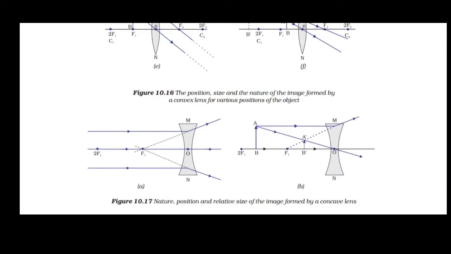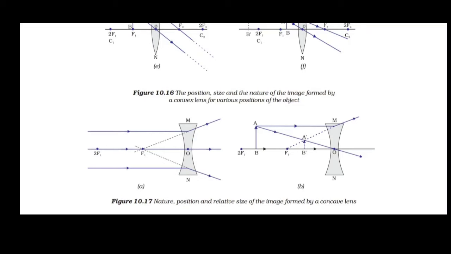In the second condition, when the object is kept between infinity and the optical center, the ray of light parallel to the principal axis tends to meet at f1, and the ray of light passing through the optical center will not deviate.